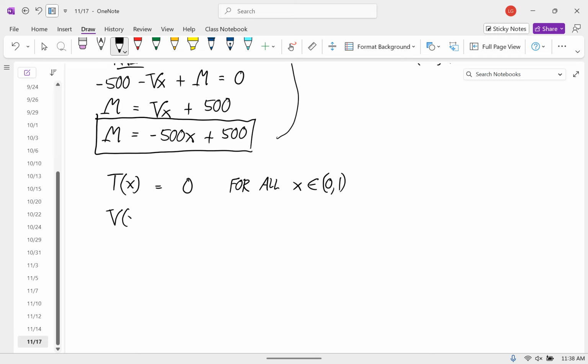The shear force is a piecewise function, and it was equal to 500 for x between 0 and 0.5. And then it was equal to negative 500 for x between 0.5 and 1.